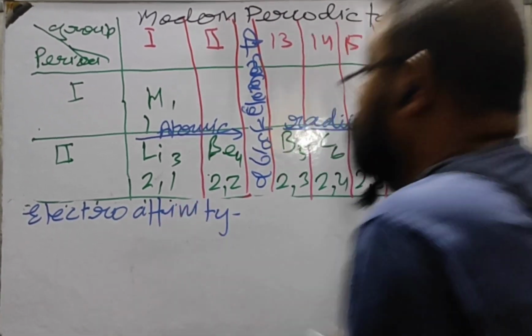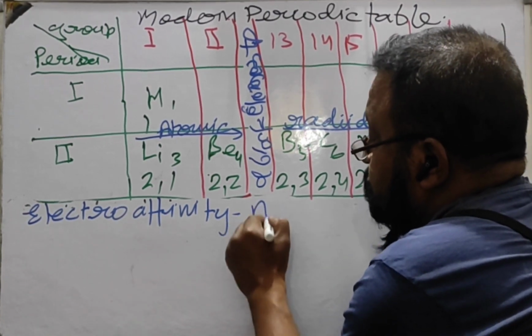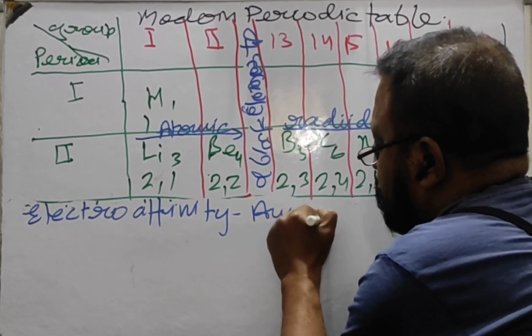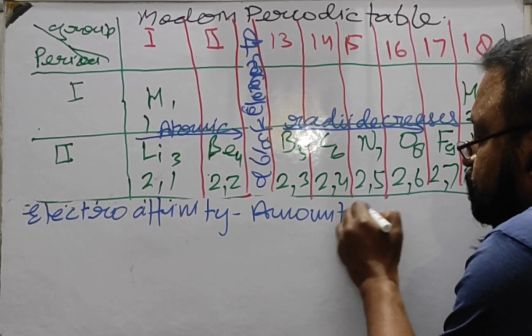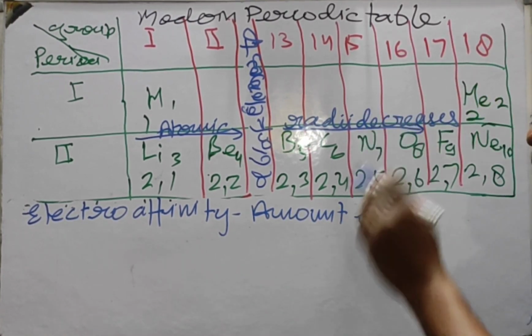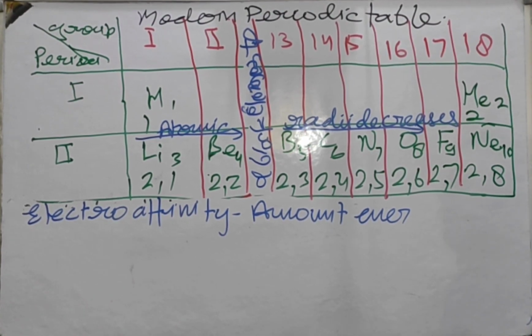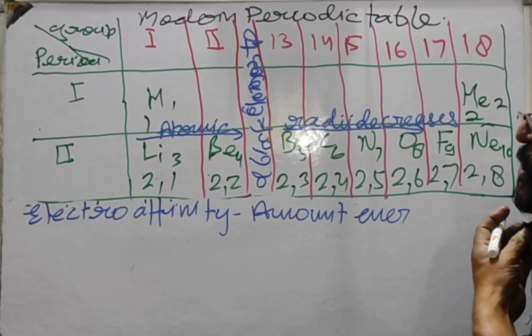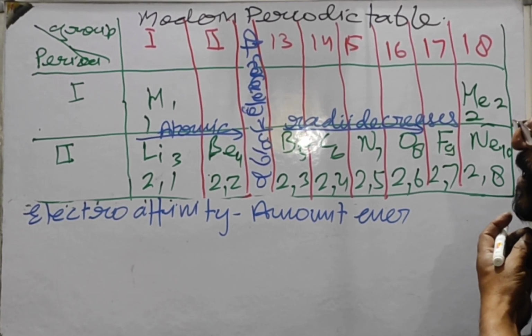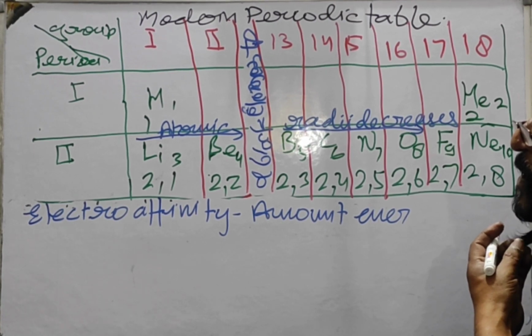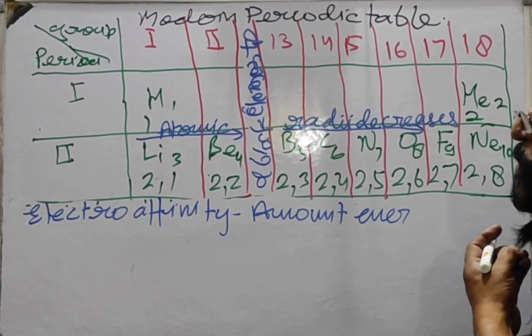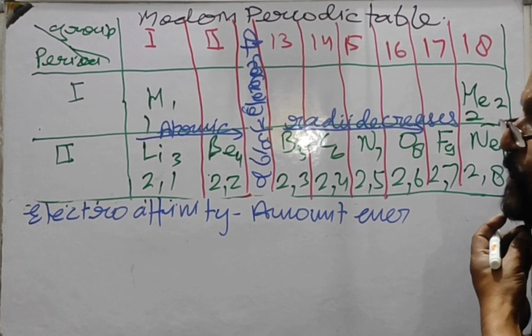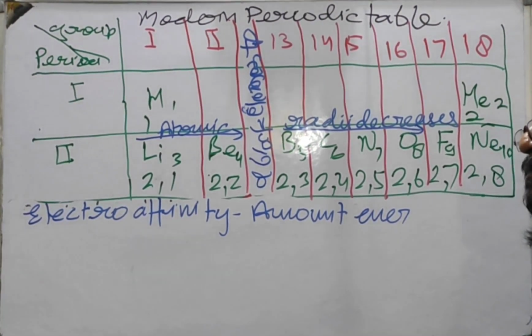So that is the amount of energy. What was written in ionization potential, what I told you? That I told you, that was the energy required to remove.